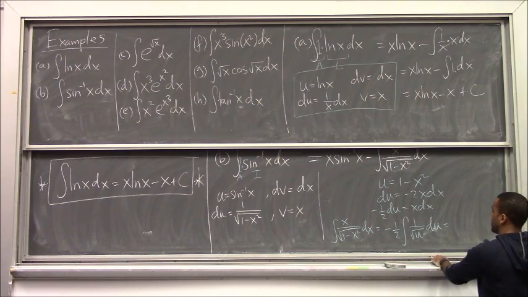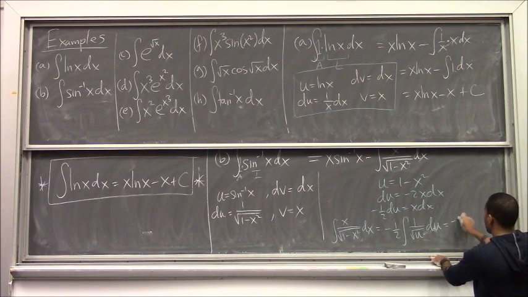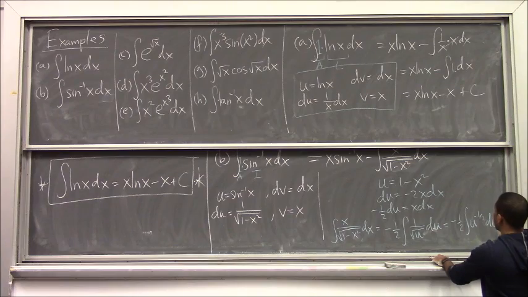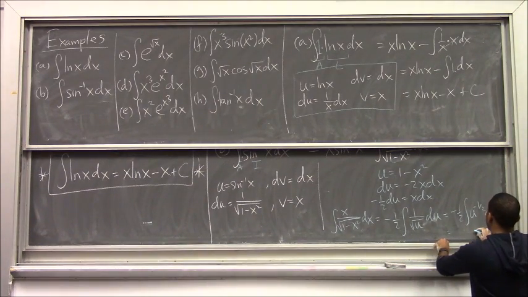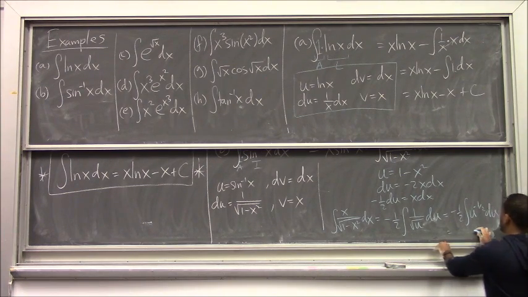How do you integrate that? Can't you make it u to the negative half power? And just do it. And that's going to become 1/4 u to the half power.